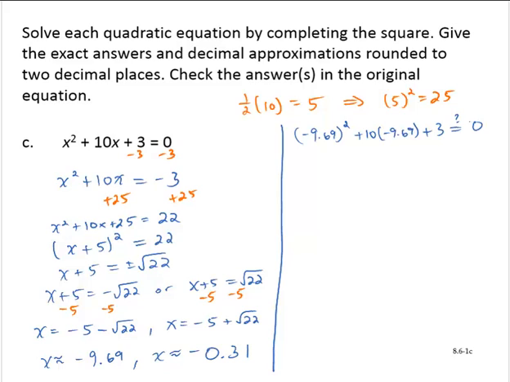Negative 9.69 squared is 93.8961. 10 times negative 9.69 would be negative 96.9, plus 3. 93.8961 minus 96.9 plus 3, going through that arithmetic, is negative 0.0039, which is pretty close to 0.